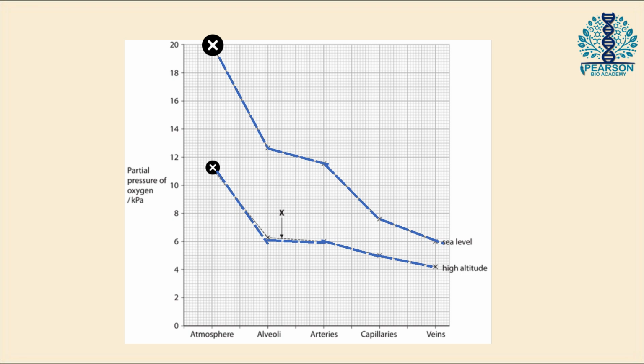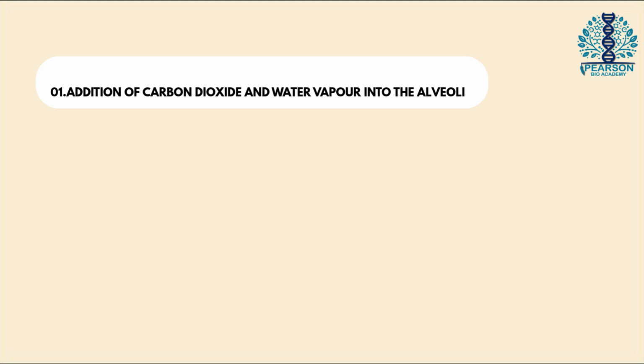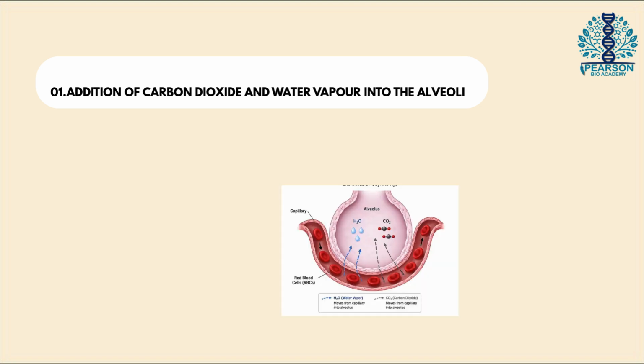The question asks: suggest why the partial pressure of oxygen in the air in the alveoli is lower than in the atmosphere. I really like this question, and you need to write only one point. The first suggestion is that inside the alveoli, it's not only the atmospheric air; carbon dioxide and water vapor are also present because they need to be removed.